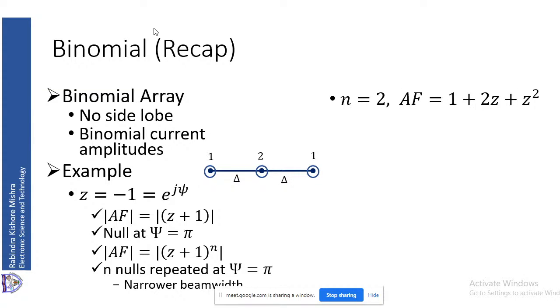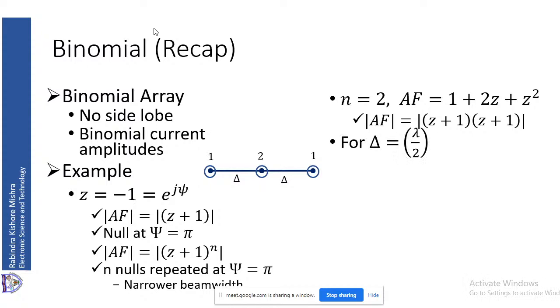This example we are taking n is equal to 2. If I take n is equal to 2, z plus 1 to the power n is z plus 1 square, which is 1 plus 2z plus z square. So array factor is z plus 1 into z plus 1, absolute of course.